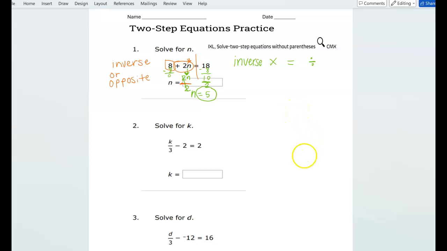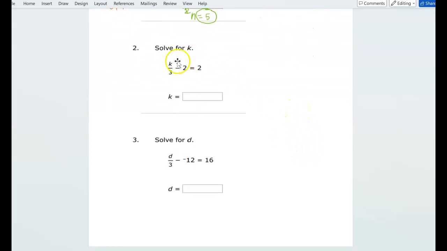Yes, indeed. All right, so let's solve for k. What are we doing here? We're dividing. So the inverse of division is multiplication.